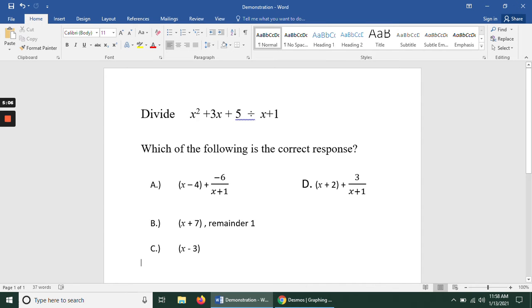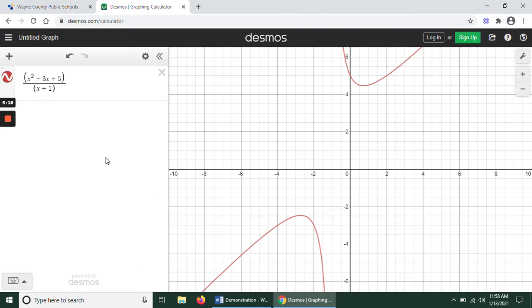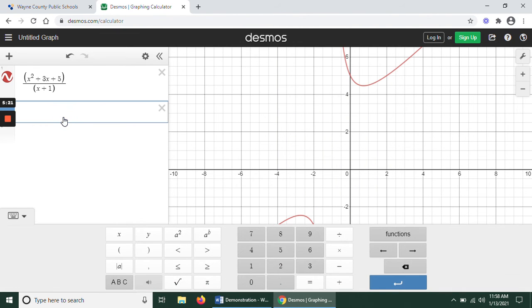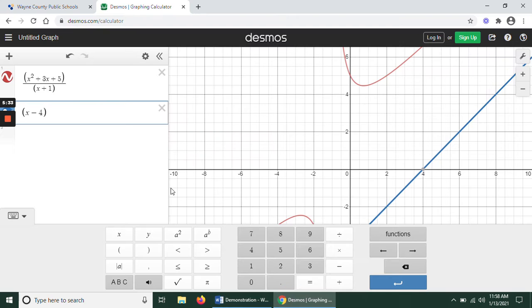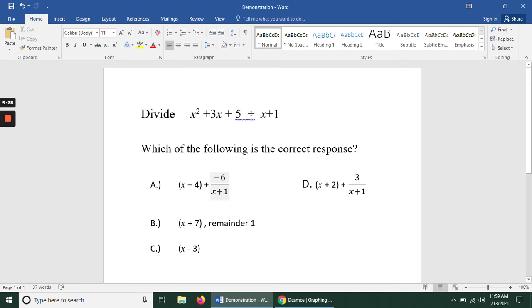The next step is I'm going to enter the expression for A, which is x minus 4. So in the next row, I'm going to use parentheses, x minus 4, plus negative 6 over x plus 1.